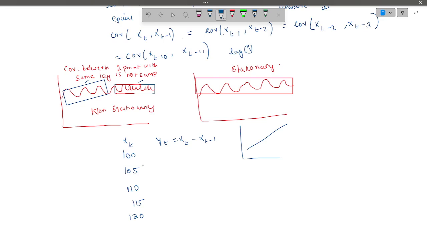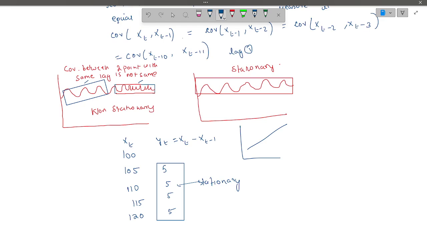We subtract each value from the one before it. So my yt is 5, 5, 5. So now this series is stationary, and we can run an AR model on this. So you run an AR model only on stationary time series, not on non-stationary time series.